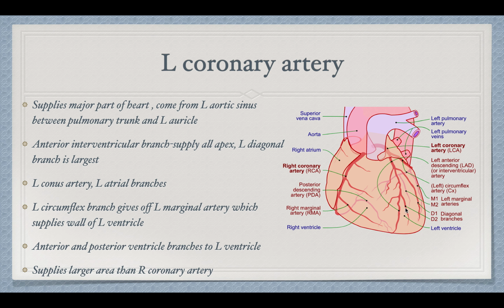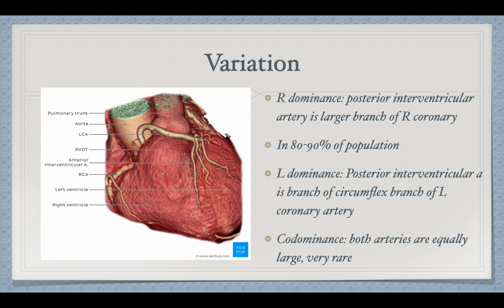And there are some diagonal branches, you can see, but this is the only one that really reaches the true apex of the heart. The anterior interventricular branch supplies the entire apex. In some people, there is some variation.